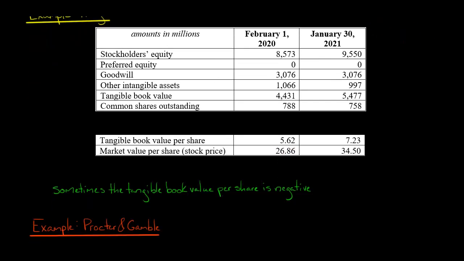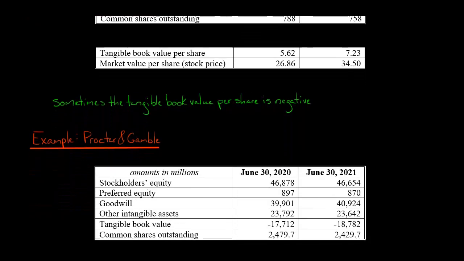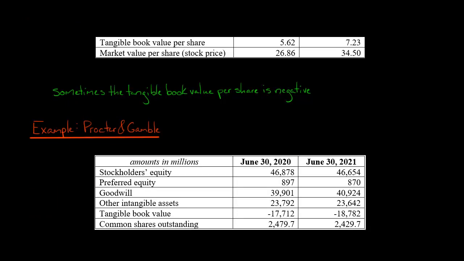Now, in some cases, the tangible book value per share will actually be negative. Okay, it doesn't necessarily mean it's a bad company or the company's going to go under or anything like that. In a lot of cases, they just have a lot of intangible assets. For example, Procter & Gamble, the consumer products company, June 30th, 2020: we've got their stockholders' equity, then we subtract the preferred equity, we subtract goodwill, we subtract other intangible assets, and you end up with a negative tangible book value on June 30th, 2020.